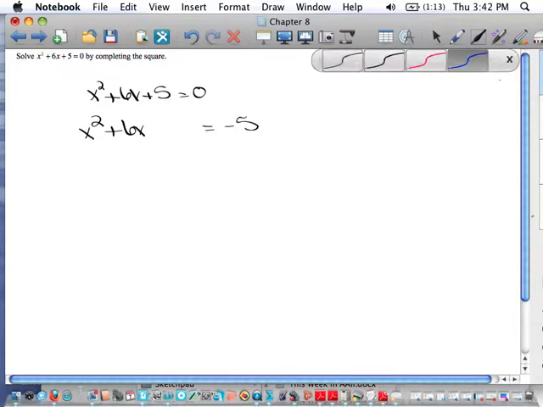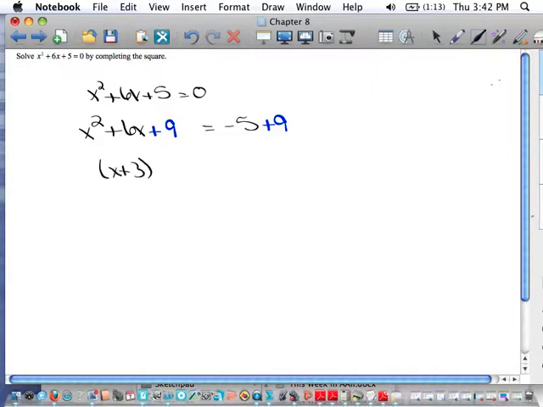Then I will add to both sides b divided by 2, so 6 divided by 2 is 3, 3 squared is 9. So I will add 9 to both sides. I'll rewrite the left-hand side as a binomial squared. X plus 3 squared equals 4.